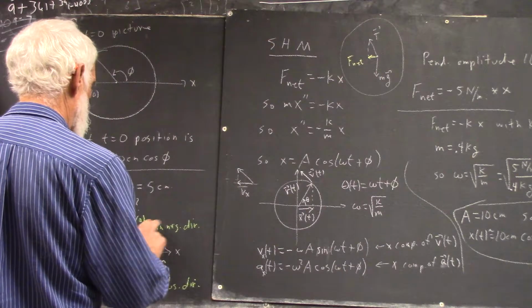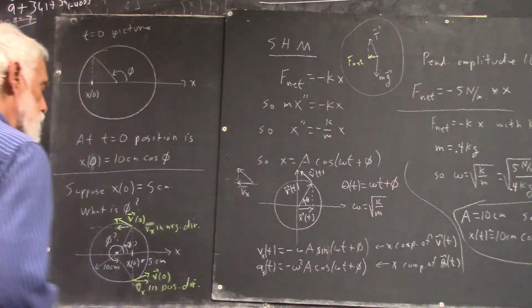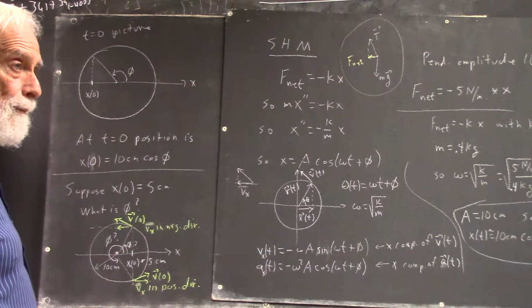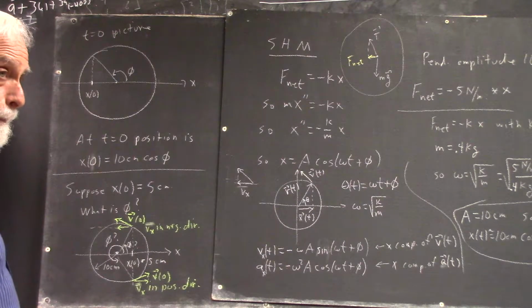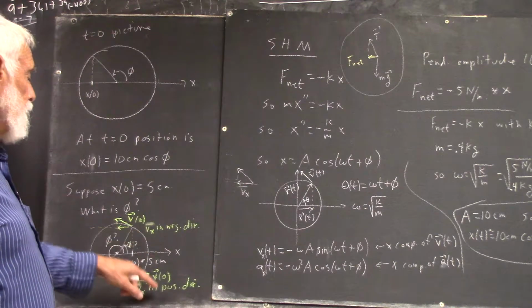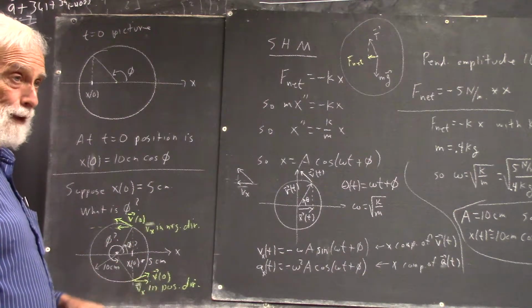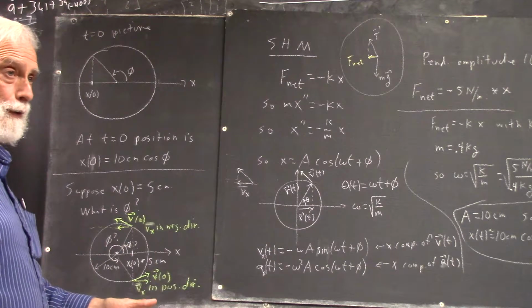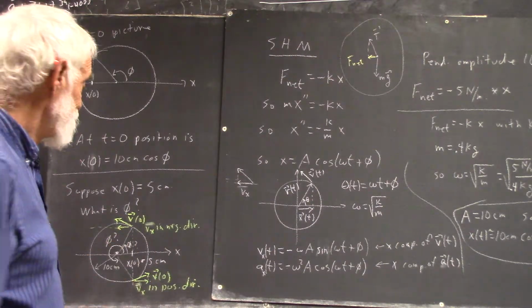I shouldn't have made that a vector. Okay? Or Vx is positive, right? I should have just said Vx is negative, Vx is positive. Okay? Motion is in the positive direction, Vx is positive.